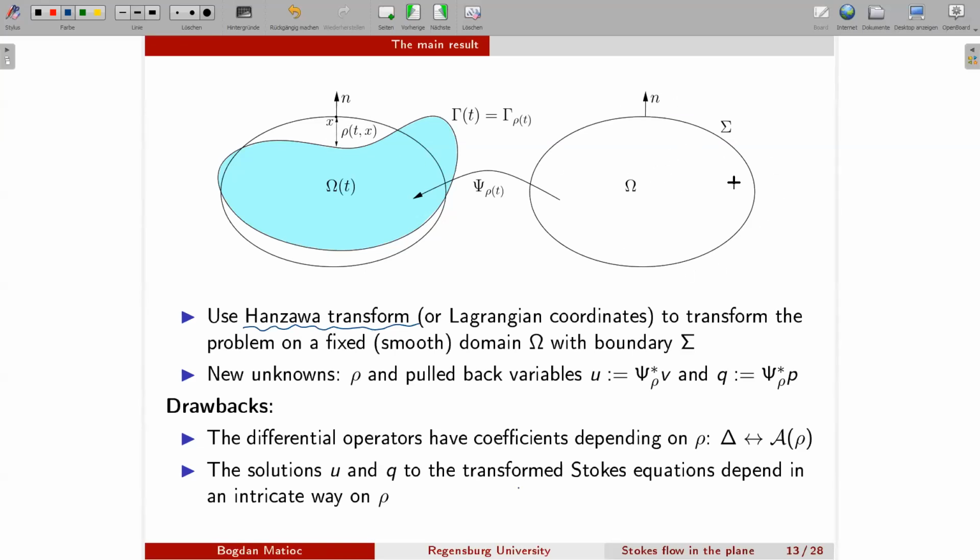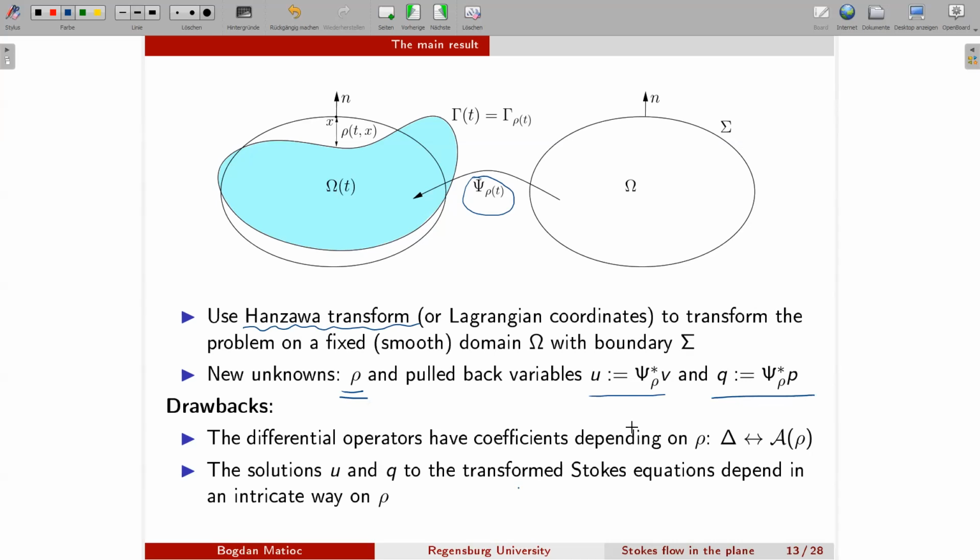And then if rho is sufficiently regular and smooth, one defines the so-called Hanzawa diffeomorphism, which maps this fixed smooth manifold, domain Omega, into the fluid domain Omega of t. And then one pulls back the equation on a fixed domain Omega. So the new unknowns are the function rho, the signed distance function, and the pullback velocity and the pullback pressure.